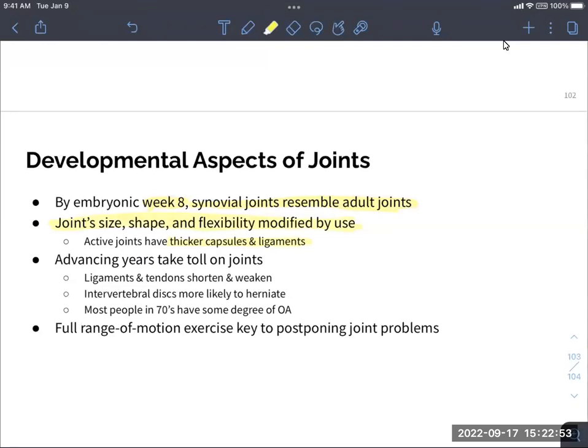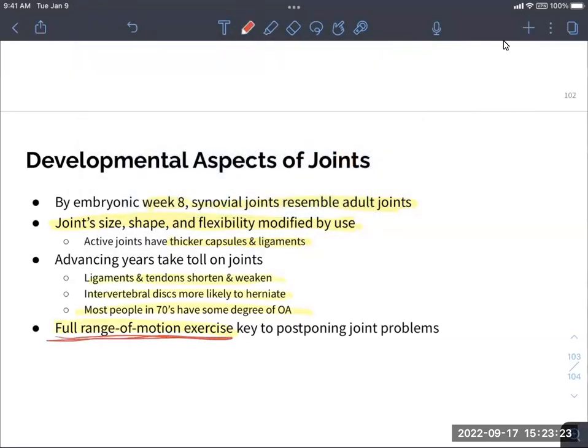But as we get older, just like everything else we've learned in the body, tendons and ligaments shorten and weaken. Those intervertebral discs, as I've mentioned, like to herniate. And most people start to get some form of osteoarthritis. So if you want to postpone joint pain, joint problems, exercise.